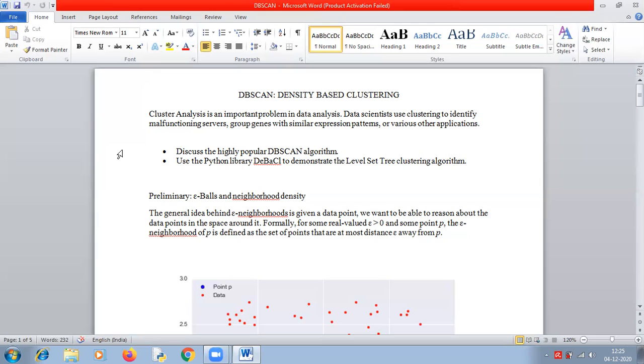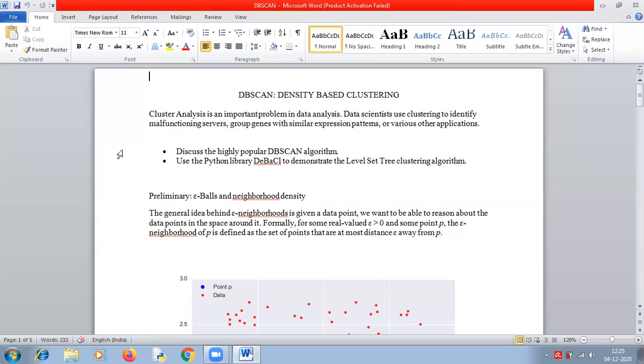You can see that preliminarily we want some topics to be understood before carrying out DBSCAN. Before we can discuss density-based clustering, we first need to cover a topic that you may have seen in a topology course, that is the epsilon neighborhoods. The general idea behind epsilon neighborhoods is, given a data point, we want to be able to reason about the data points in the space around it.